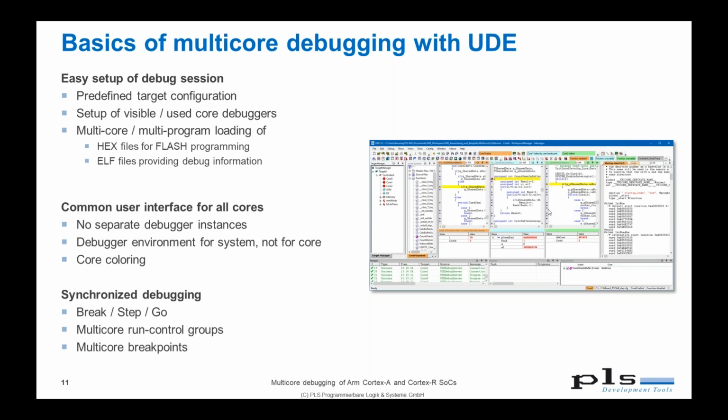All the core specific windows are colored. That gives you a better overview of your application. And then I showed you synchronized debugging, including Multicore breakpoints, synchronized breaking, stepping, and go. And yeah, those are the basic functions for Multicore debugging with UDE.